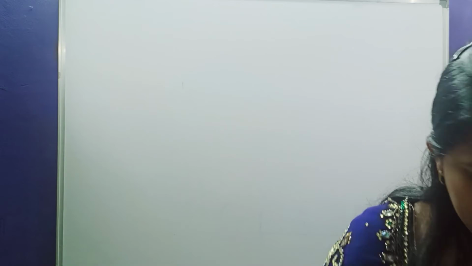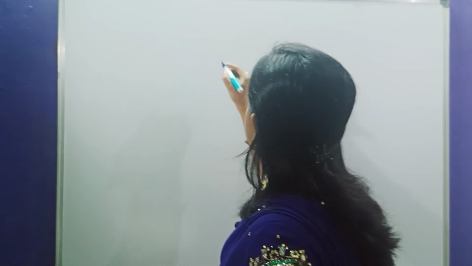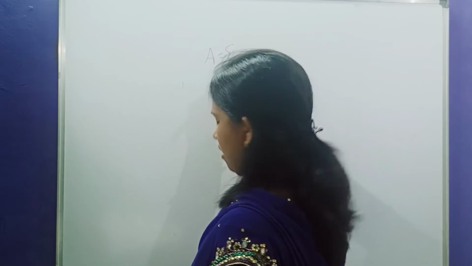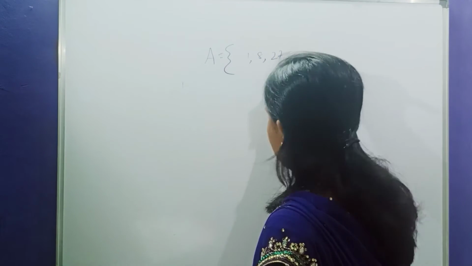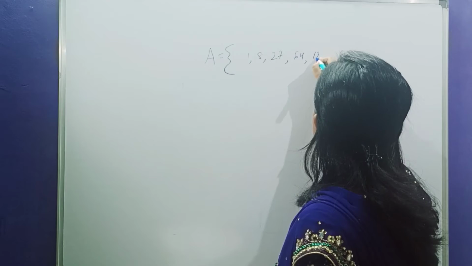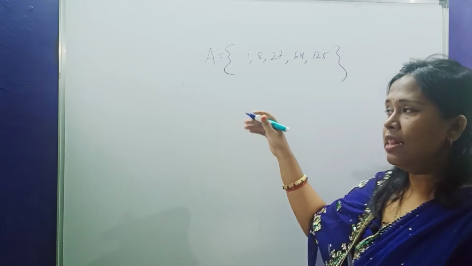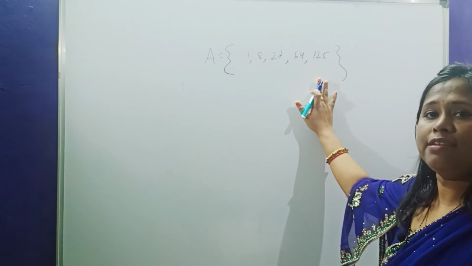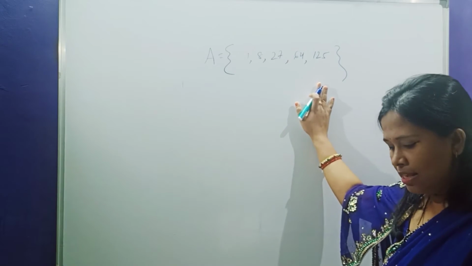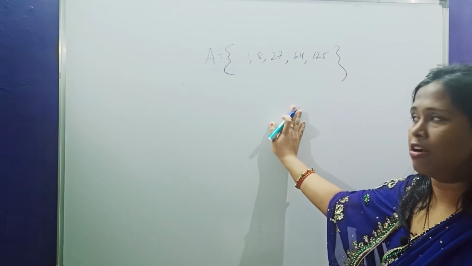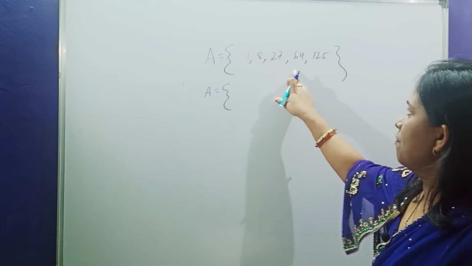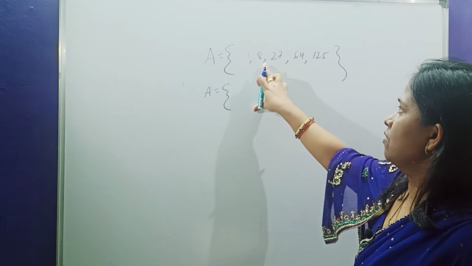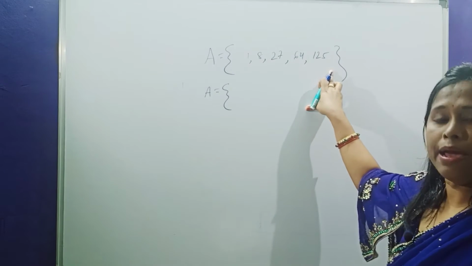I am giving you one more. Suppose one set A is given: 1, 8, 27, 64, 125. You know, this is in the form of your set listing method. You have to convert this set to set builder method. How can you convert this? You know, these are all cube numbers. This is 1 cube, this is 2 cube, 3 cube, 4 cube and 5 cube.